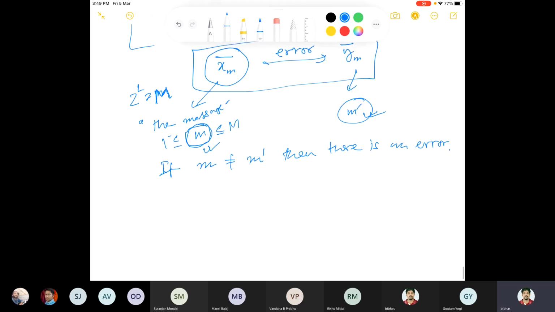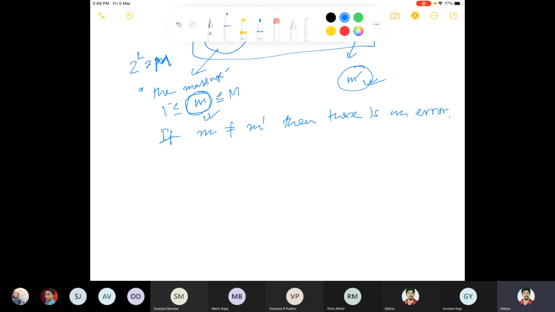Now we have to analyze how I define this error, and there are many more things. So let me go directly to this error business. Now we have to define some notations.